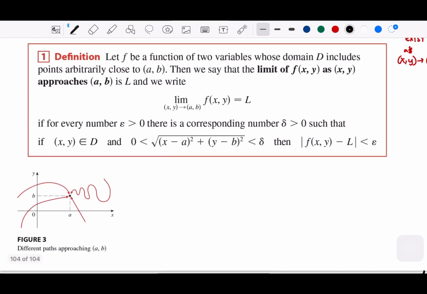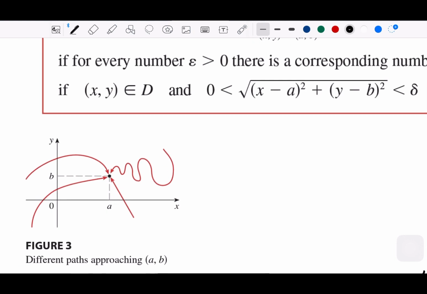Okay, so this is how we try to find different paths to approach (a, b). So we could make up our curves, we can simplify, to help conclude whether the limit exists or not.